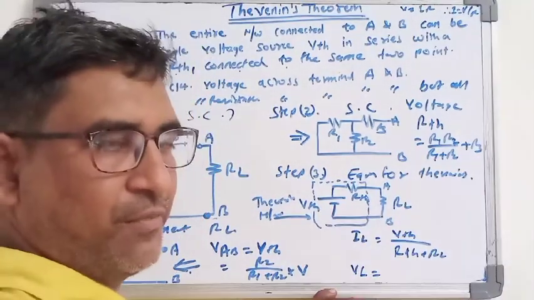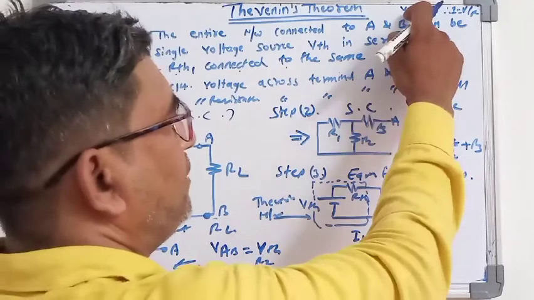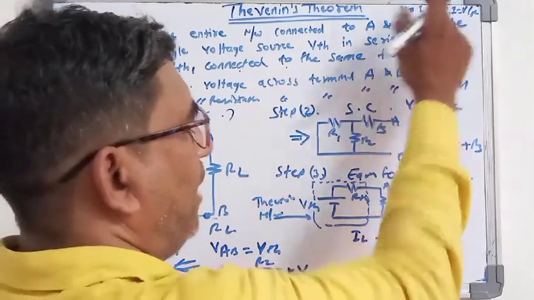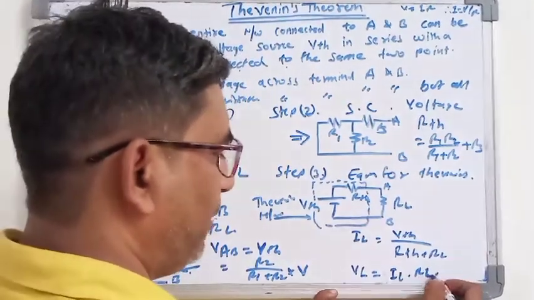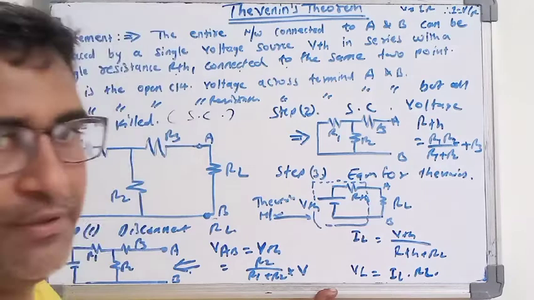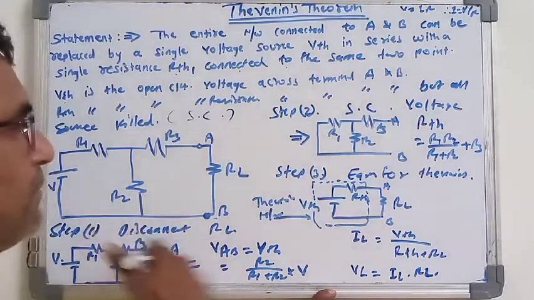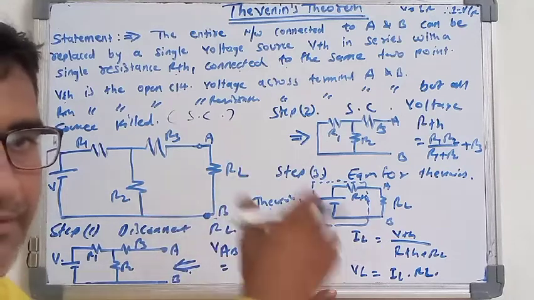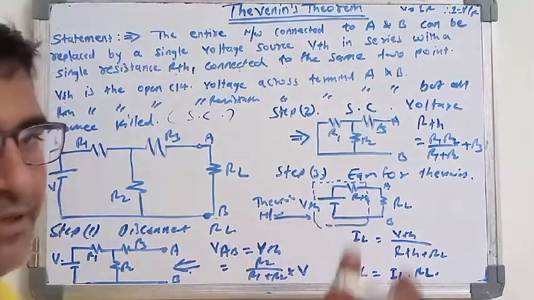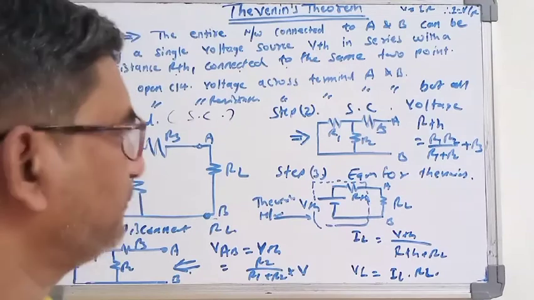VL is IL into RL, which is the value for finding the load voltage. Okay students, these 3 steps you have to follow. After following them, you will get some values that we will see in the problem.